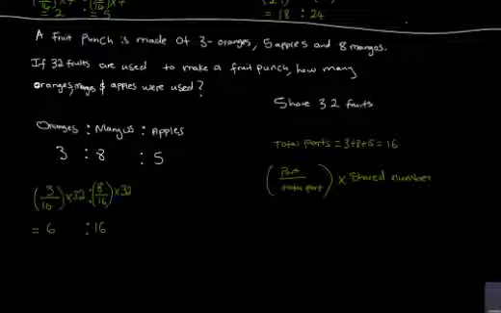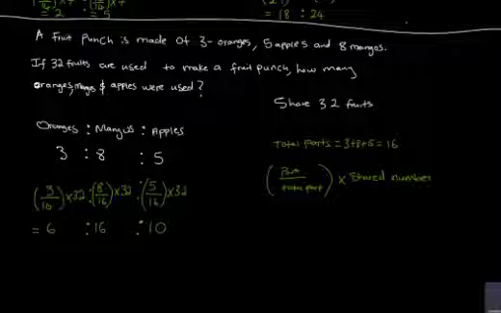Right, we do the same thing for the apples. And we say they are 5. So 5, which is the part, over the total of the parts, which is 16. All of that multiplied by the number that is being shared, which is 32. And you will find that that is equivalent to 10.